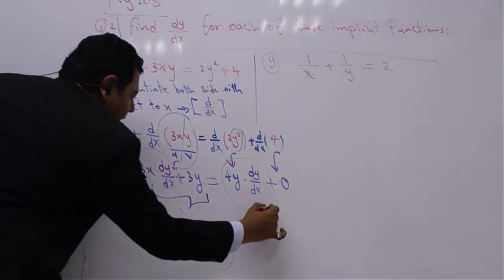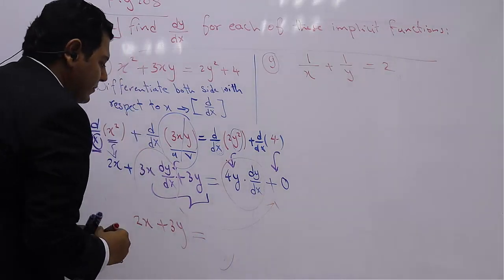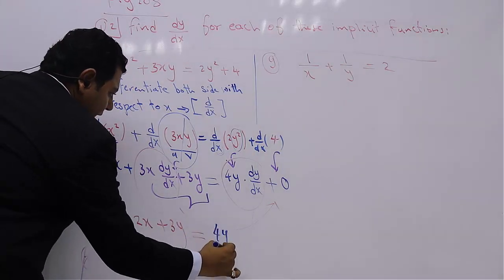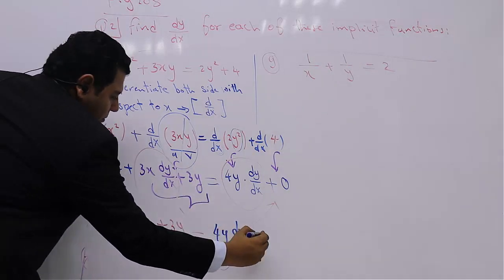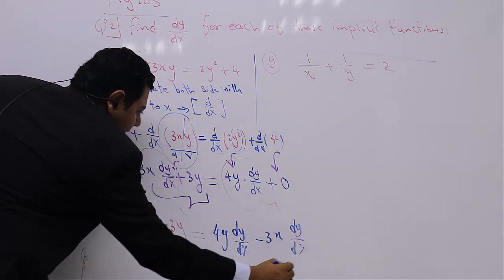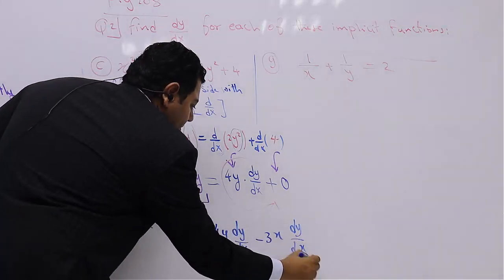Just shifting that to the other side, it will be 4y times dy over dx. After shifting this, it will be minus 3x times dy with respect to x.